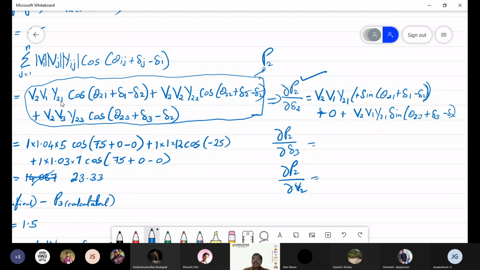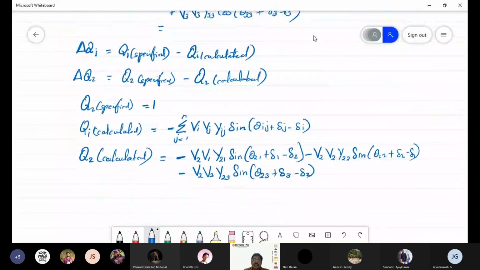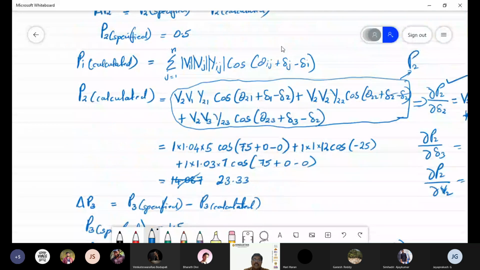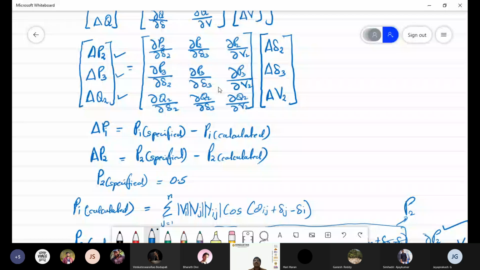So if you find all those things, you can substitute them in the Jacobian matrix, right? So here we are having the Jacobian matrix at the top. So if you are doing all the partial differentiations, not fractions, you'll get this value, this value, this value, and similarly you'll get all the 9 values.